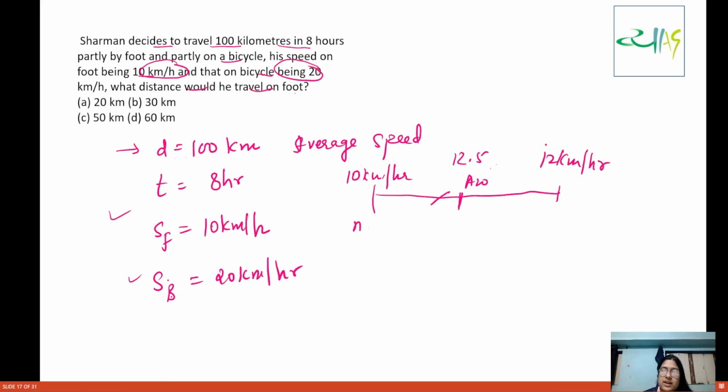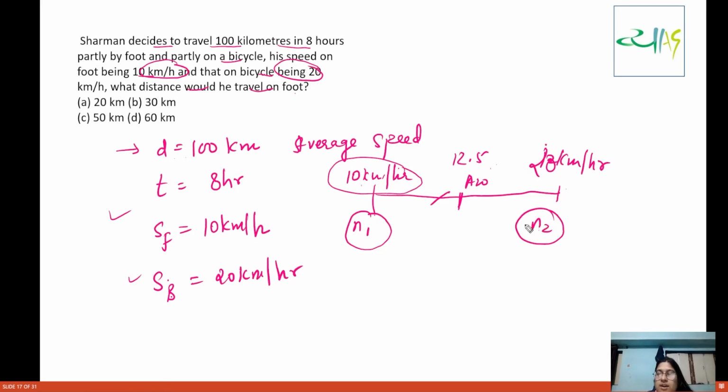Let us assume N1 is the time for which he is traveling at 10 km per hour, and let n2 be the time for which this person is traveling by bicycle at 20 km per hour.